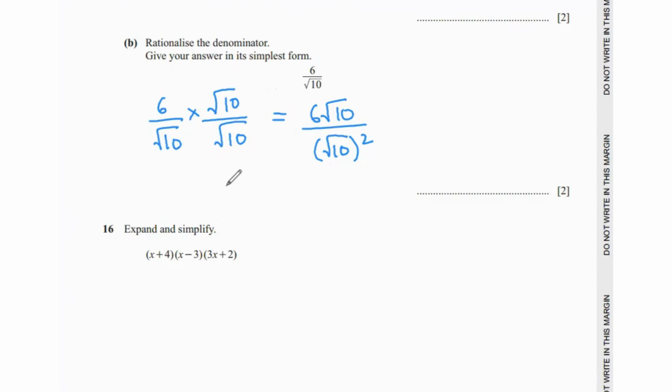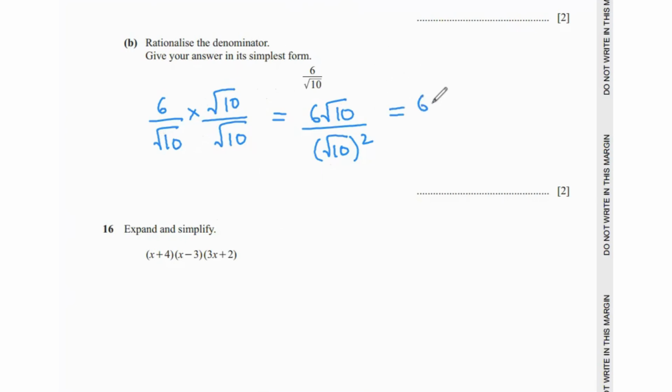So the main reason behind us multiplying root 10 and dividing root 10 with this fraction is we want to get rid of the surd from the fraction. We want to make sure that there's no surd in the denominator. That can only be done if you multiply the surd to itself. If you don't do that, your answer is not going to be correct.